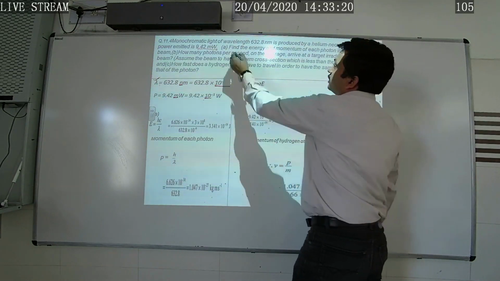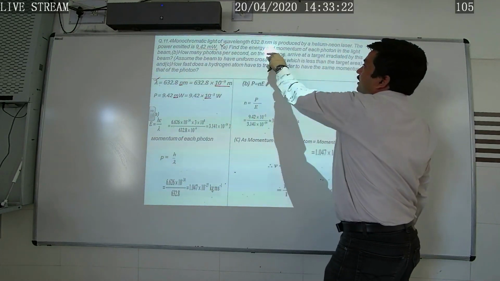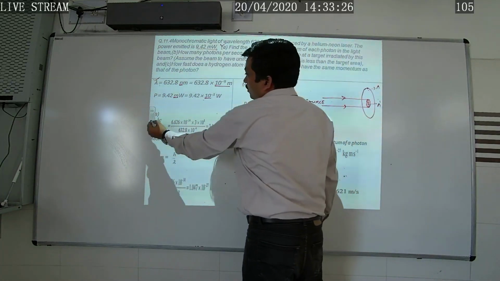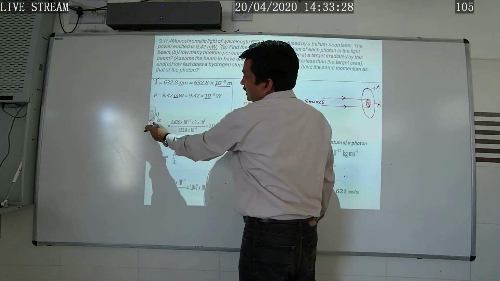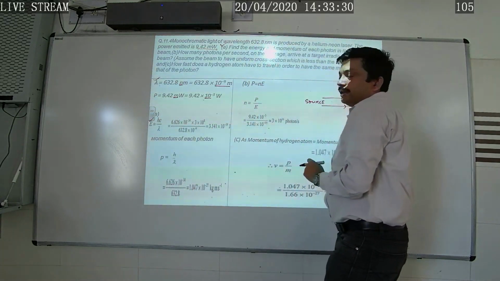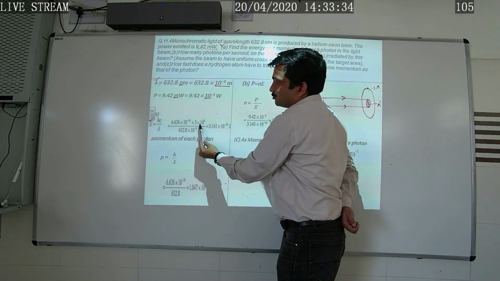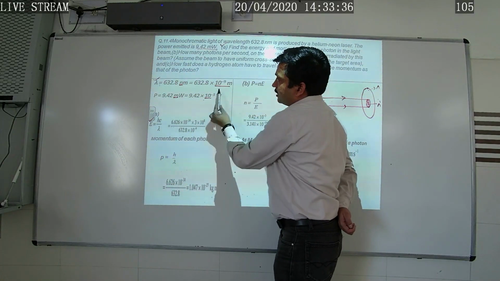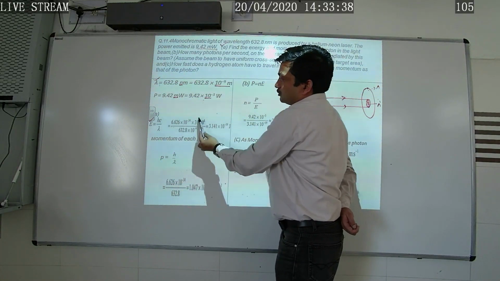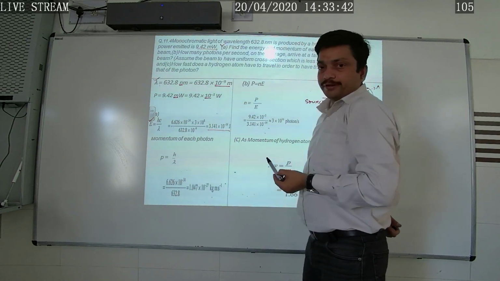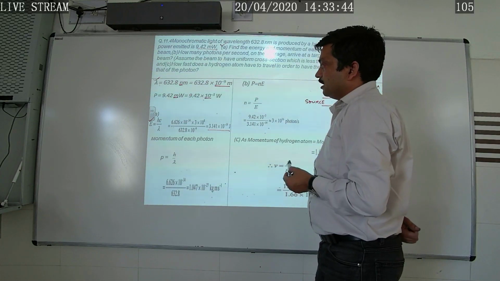In the first part, we are asked to find the energy and momentum of each photon. The energy of each photon is given by E equals hc by lambda, where h is Planck's constant, c is the speed of light, and lambda is the given wavelength. After solving, we got 3.141 into 10 to the power minus 19 joule.